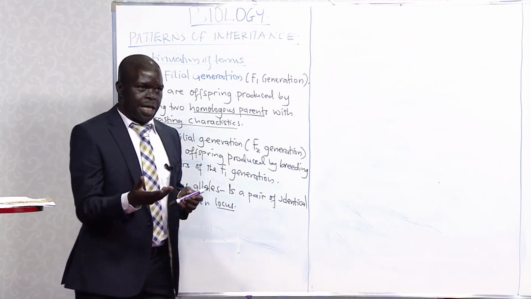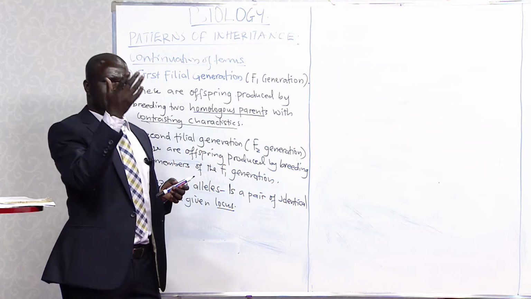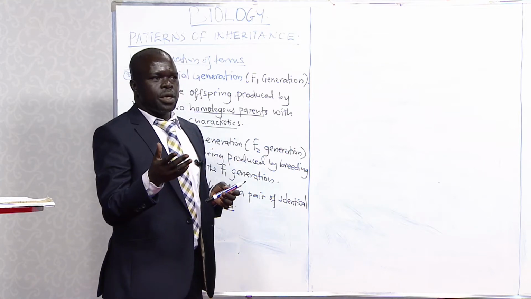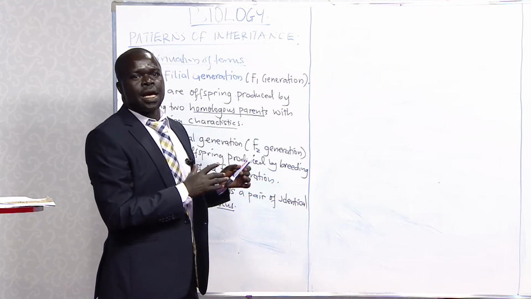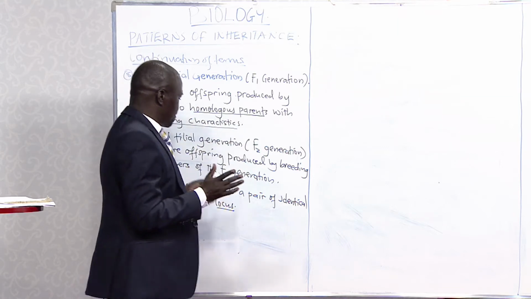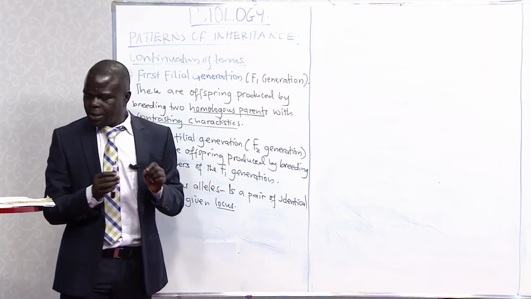It is an acid, as I explained the other time, but not like those which taste sour. This one is a complex one that determines characteristics, and it is only found in the nucleus, not anywhere else.